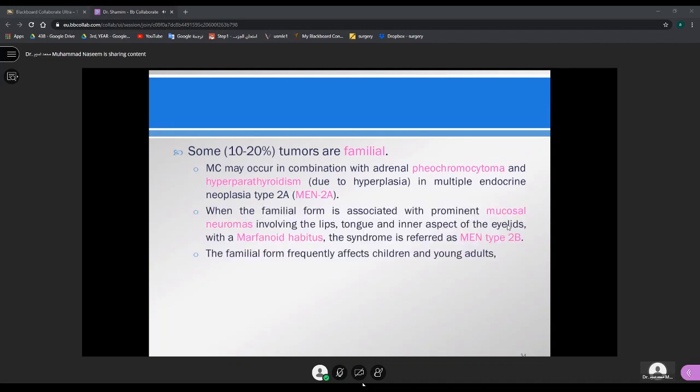When this familial form is associated with prominent mucosal neuromas involving lips, tongue, and inner aspect of eyelid, with marfanoid habitus, it is referred to as multiple endocrine neoplasia type 2B. The familial form frequently affects children and young adults, whereas sporadic cases occur at any age with no sex predominance.